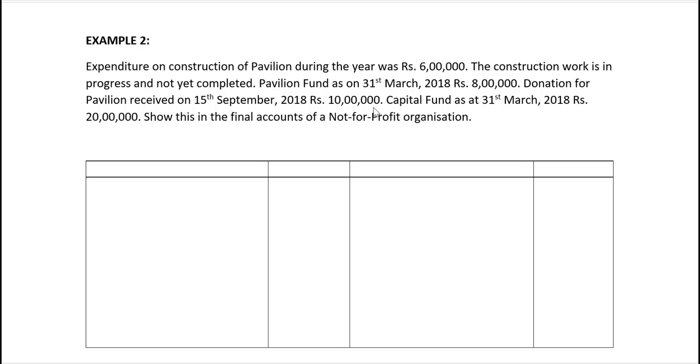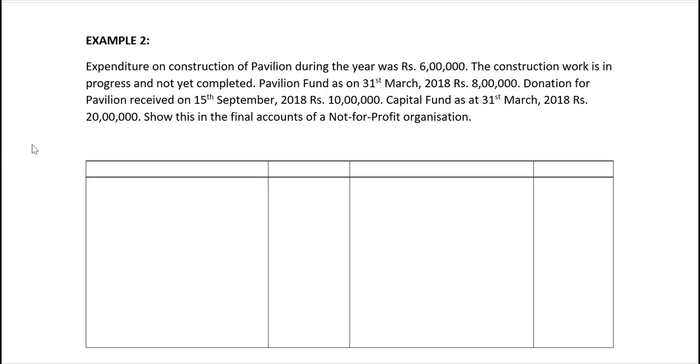Pavilion fund as on 31st March 2018, rupees 8 lakh. Donation for pavilion received on 15th September 2018, rupees 10 lakh. The capital fund as at 31st March 2018 is rupees 20 lakh. Show this in the final accounts of a not-for-profit organization.